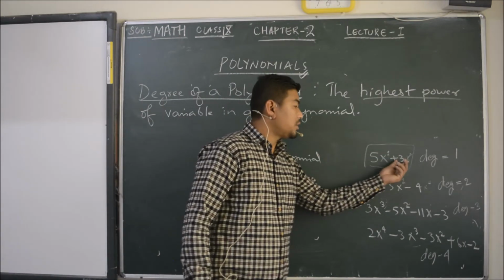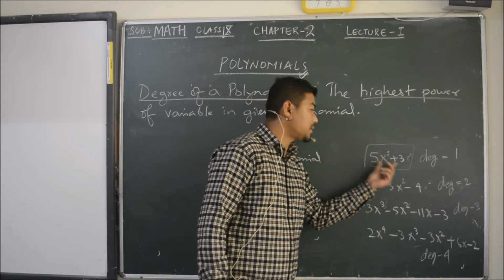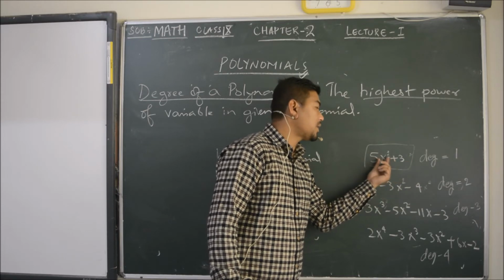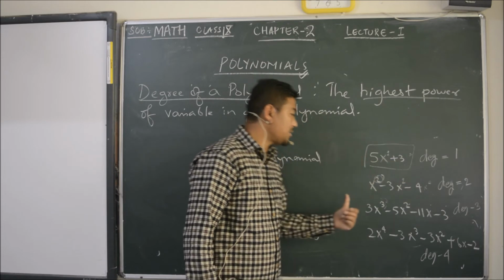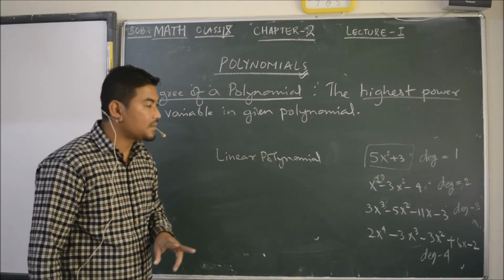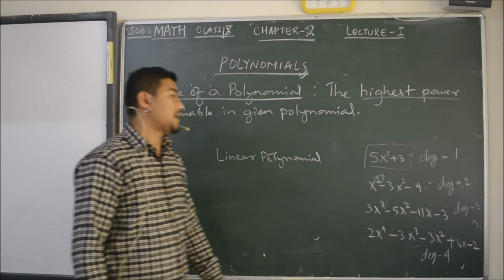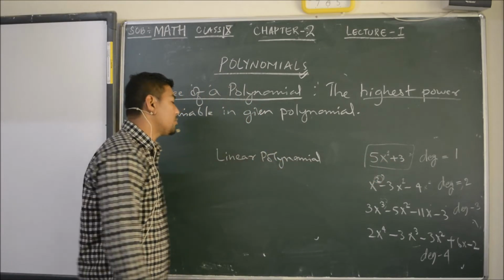This polynomial has two terms, 5x as one term and 3 as another, so it is a binomial. But this time we are classifying not on the basis of number of terms, rather we use the degree. Here degree is 1, that is why this is called a linear polynomial.